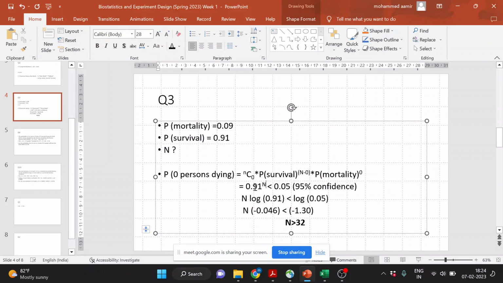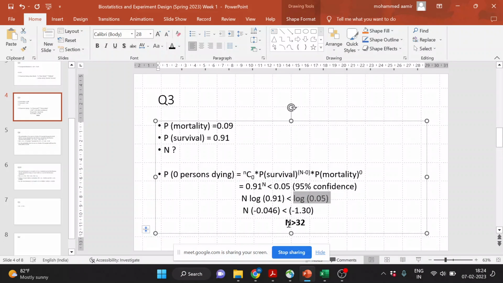When I take log on both sides, log of 0.91 to the power n can be written as n log 0.91, and this should be less than log 0.05. When you find the log of 0.91 and log of 0.05 and simplify, you get n less than 32.